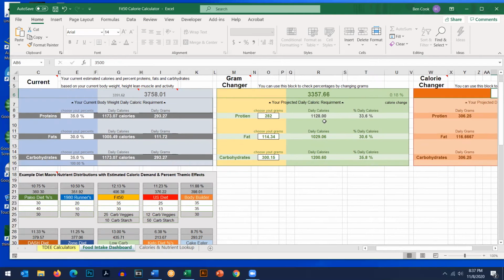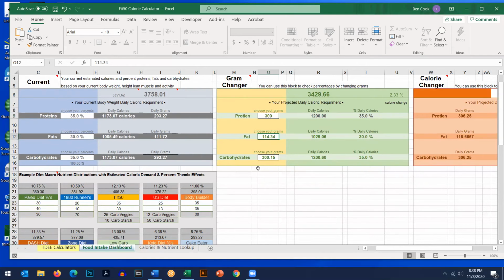And then our gram changer, we can go in here, we can change the grams. Maybe I don't like eating 282 grams of protein, but I want to take in more protein. I want to take in 300. It's going to show you how many calories you need to take in total. And we're still maintaining our 35, 30, 35. And that's going to show you the calorie changes.